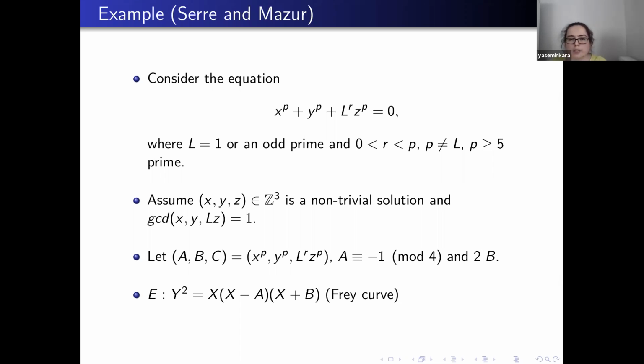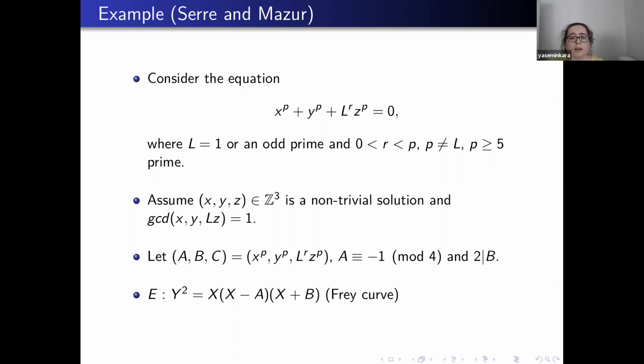So they considered this example, and they assume that there is actually a non-trivial solution where x, y, and LZ do not have any common divisor.